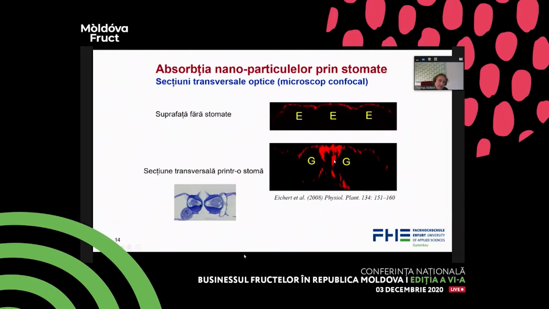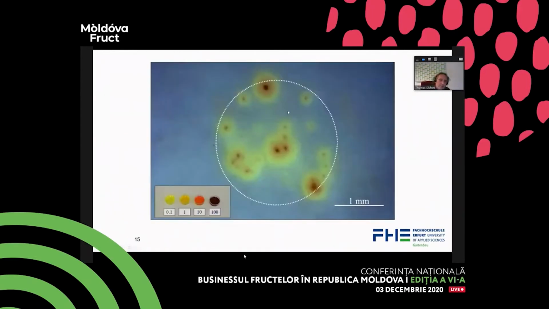And we found that the material entered into the leaves using these stomatal pores. They migrate, they diffuse on the surface of this pore. So in the light microscope, we can see the material moves through the stomatal pores. But this does not take place with every stomatal pore.